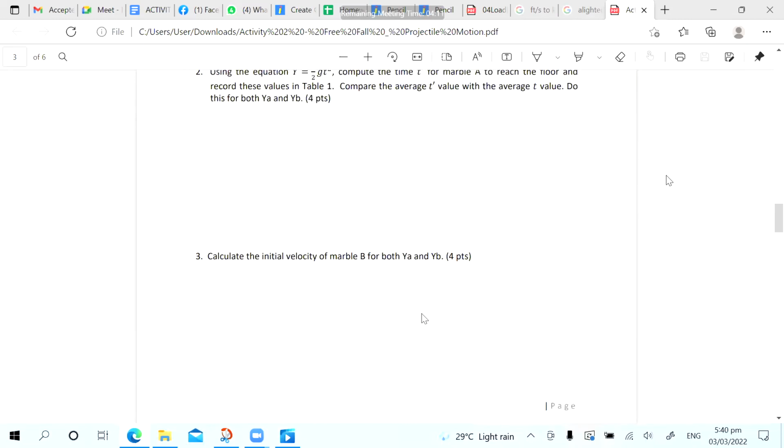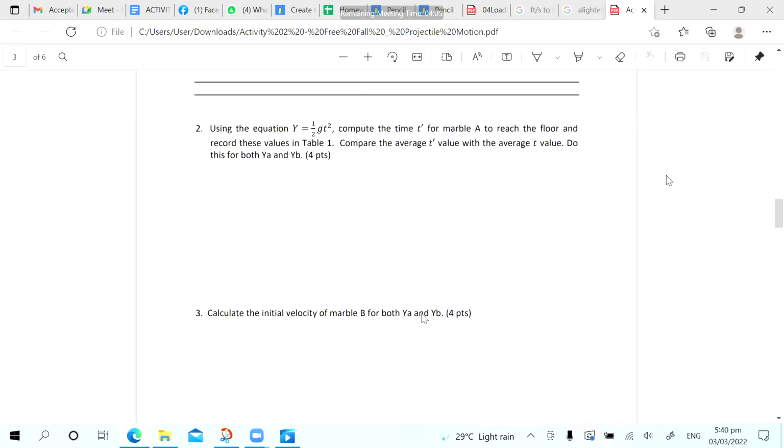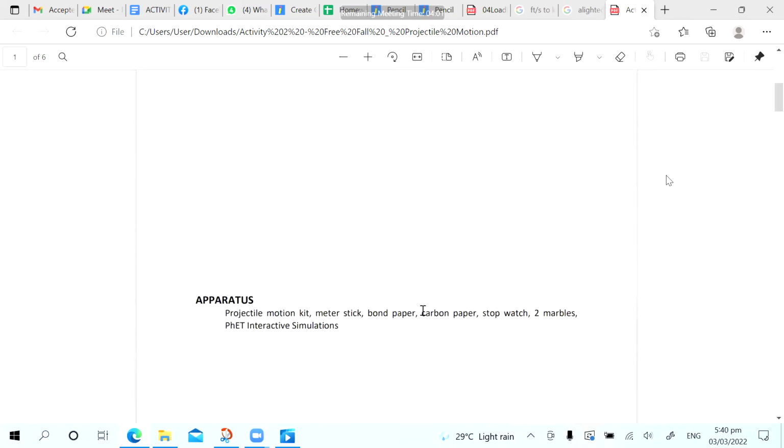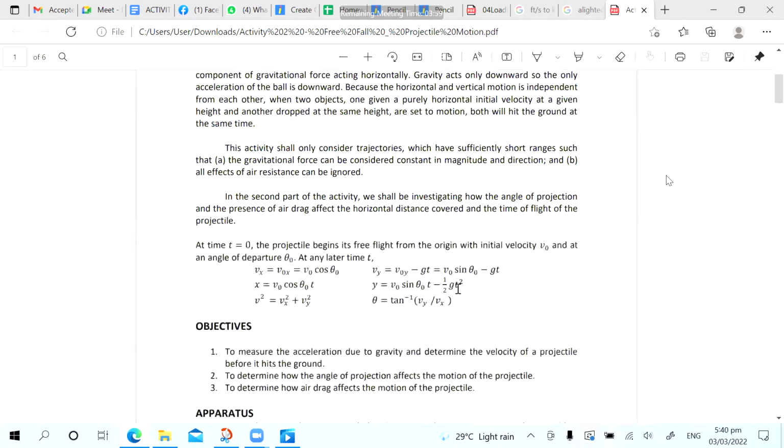Excuse me, ma'am. Is it not just negative 9.8 meters per second squared that we will use? Okay, nice question. The equation you will use is this one. Why did it become negative 1/2 gt squared?